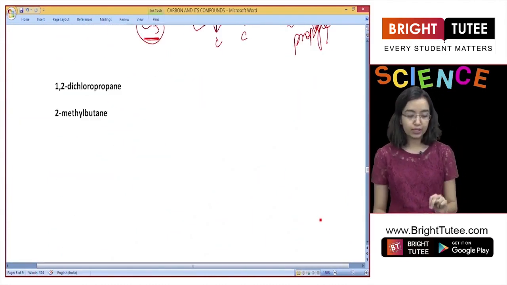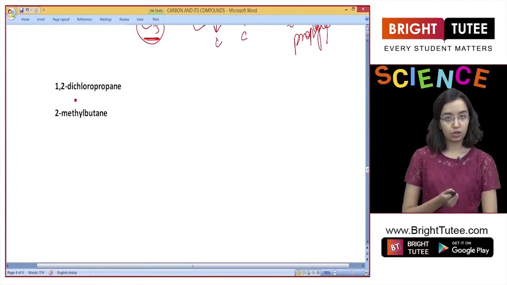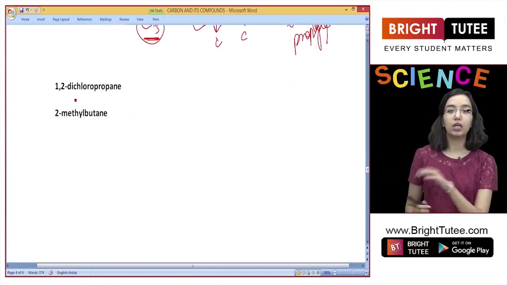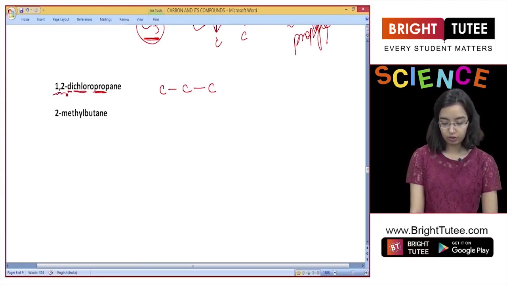So let's do 2 examples to understand IUPAC naming. You can either be given a structure and asked to name it, or you can be given a name and asked to draw it. It's 1,2-dichloropropane. So first I will go by prop. It says prop, that means I have 3 carbon atoms. It's ane, that means they are single bonded. There are 2 chlorines present on the first and second positions.